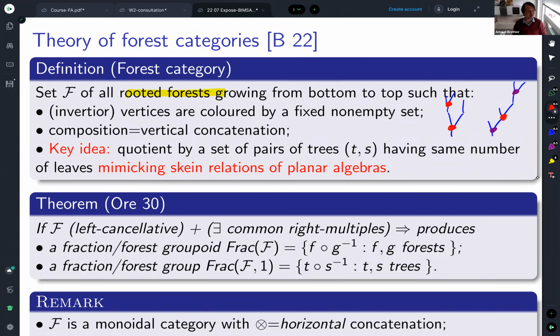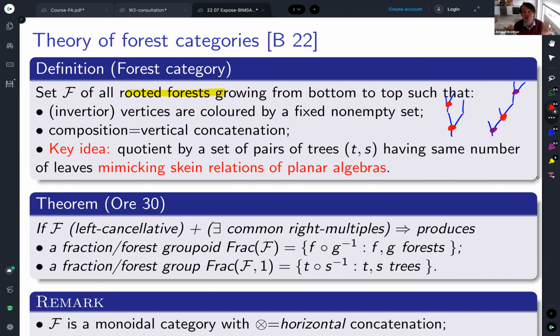But this category will not have the properties that I want, which is like I want to construct groupoids from it. So I want to be able to invert vertices. I want to be able to invert my forests. And to do that, the key idea is to put prescribed trees, and I'm going to declare they are the same.